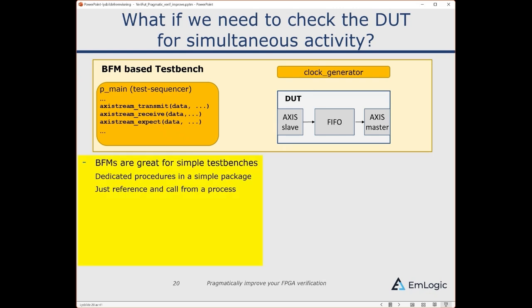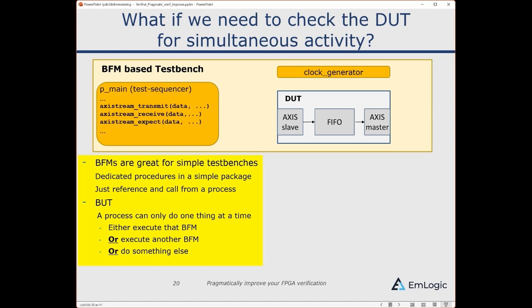And as I said, these BFMs are great for simple test benches. They are dedicated procedures in a simple common package, and you just reference that and call the procedure from a test sequence process. Problem is that the process can only do one thing at any time. So you can either execute that BFM or another BFM or something else. You cannot do more things at any time.